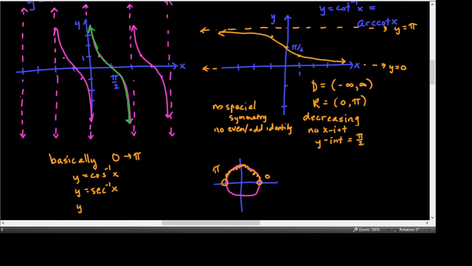And cotangent is dominated by sine because it's cosine over sine. So the inverse cotangent has the same basic restriction, 0 to pi, that cosine inverse and secant inverse also have. But of course, cotangent inverse doesn't use the first nor the last point going from 0 to pi.